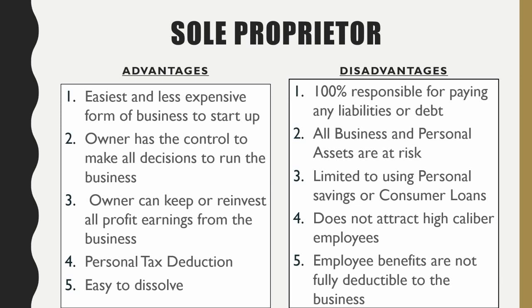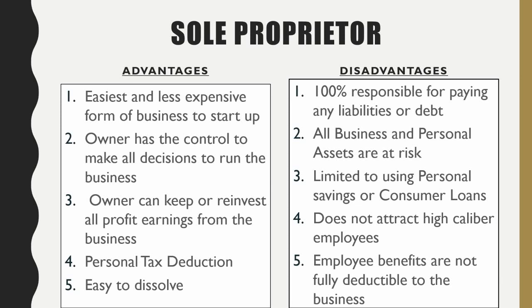Number 2, the owner has full control of making all the decisions to run the business. A lot of people say, I don't want to be told what to do. I'd rather run my own business the way that I like it. The owner has full control of every business decision, because you and the business are one.